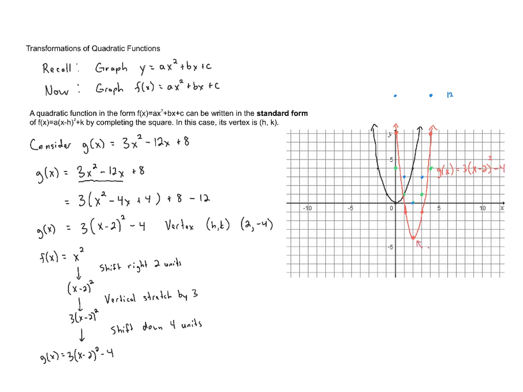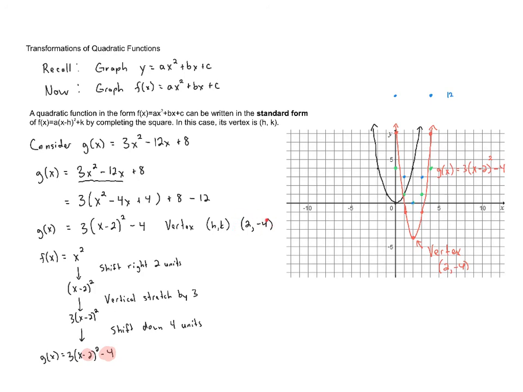Now I want to point out here the vertex is at the point (2, negative 4), and we can actually see where this came from in our equation. The 2 came from the x minus 2, because the h coordinate is the number that's getting subtracted from x, and then the negative 4 comes from the constant term, that is negative 4 in this case.